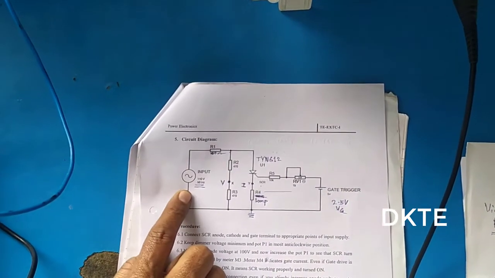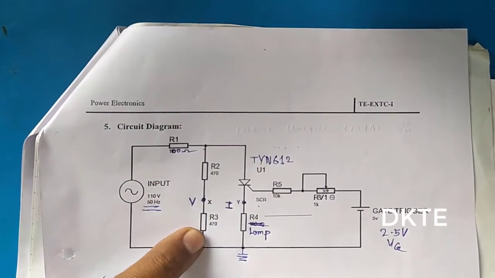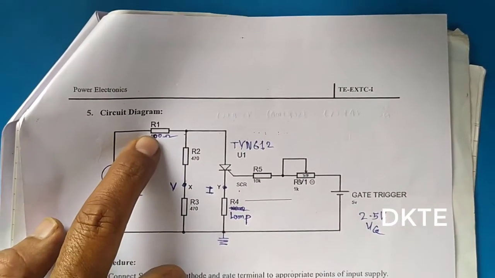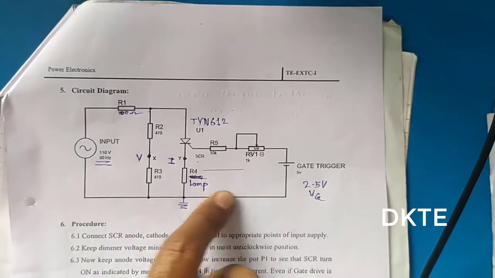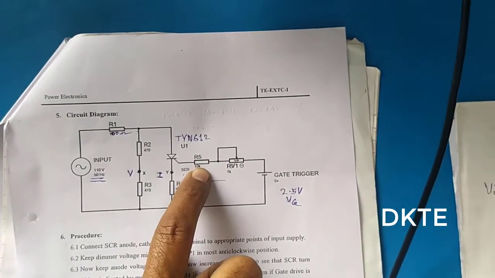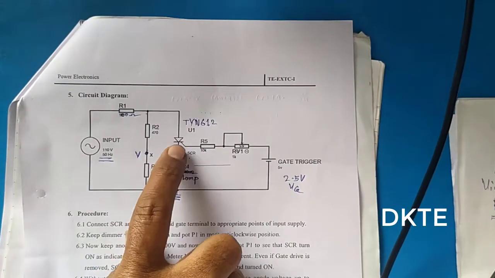You can observe the input voltage 110 volt, R2 and R3 are the measuring elements, and that is the lamp load, and R1 is the current limiting resistance, and VG is the supply, and RG is the gate resistance, and that is the TYN612, the 12 ampere thyristor.